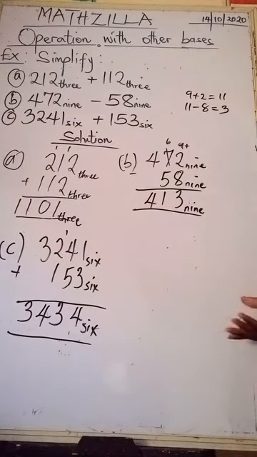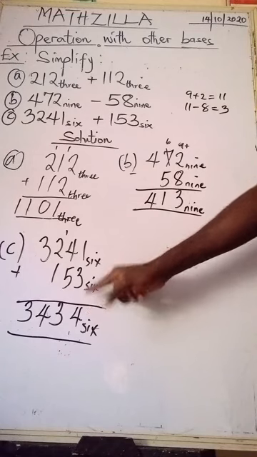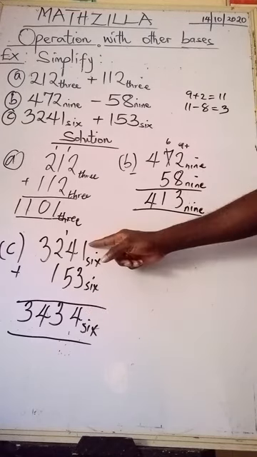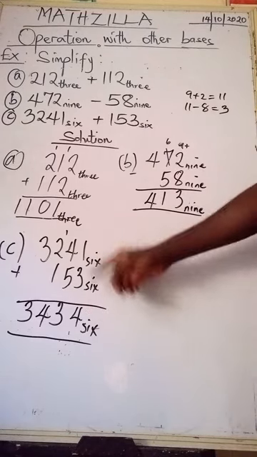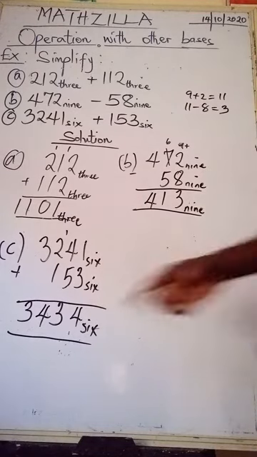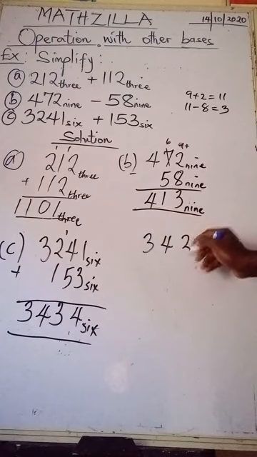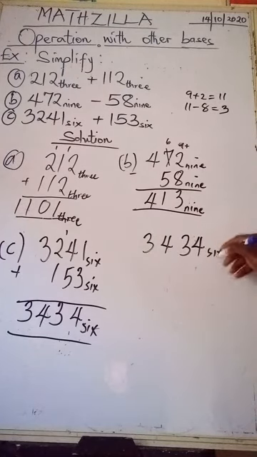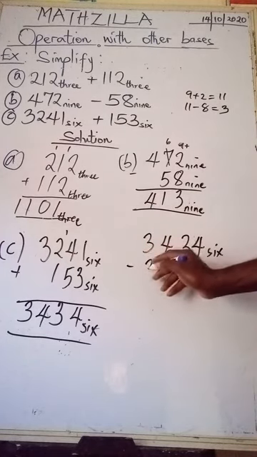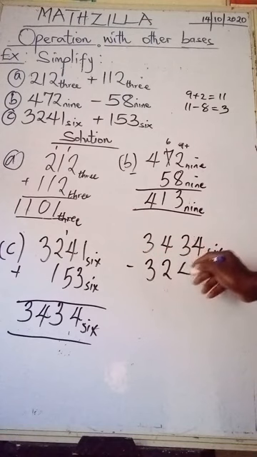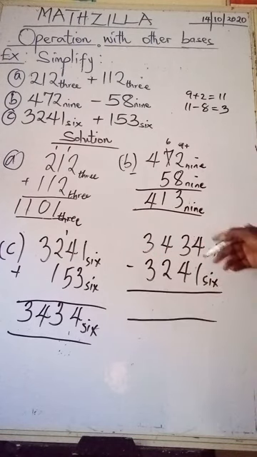Now, if you want to be very sure, do you know that if you subtract this from this, you have this? So can we quickly do it? Let's do 3434 base 6 minus 3241 base 6. So let's go. 4 minus 1 is 3.